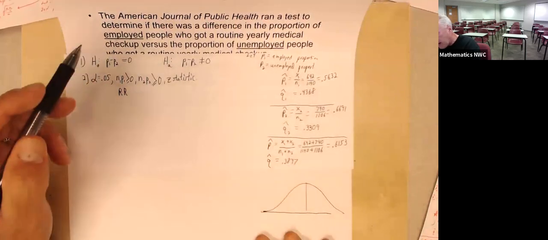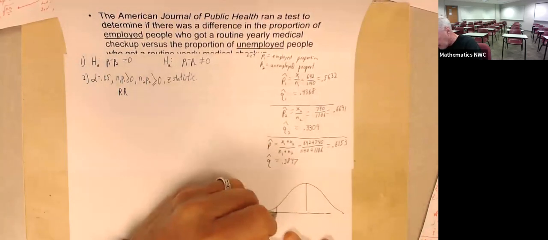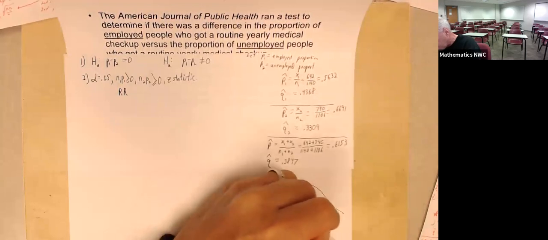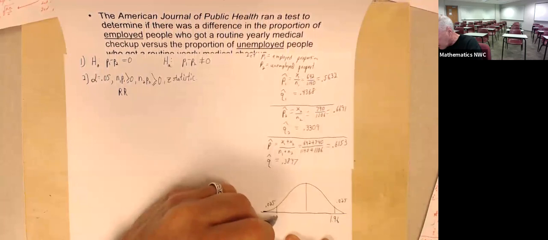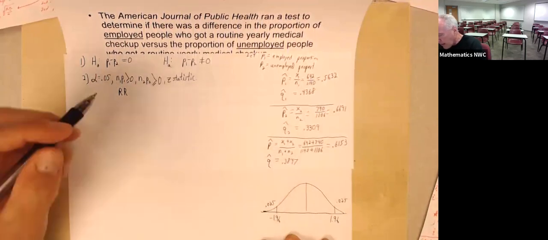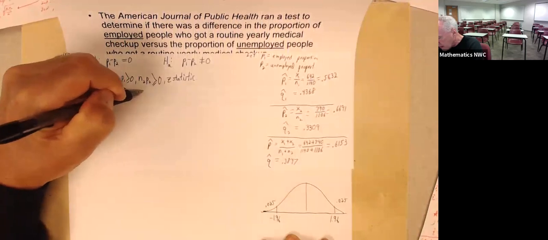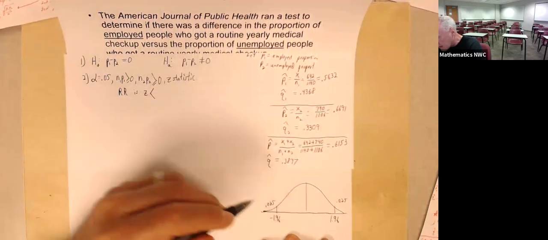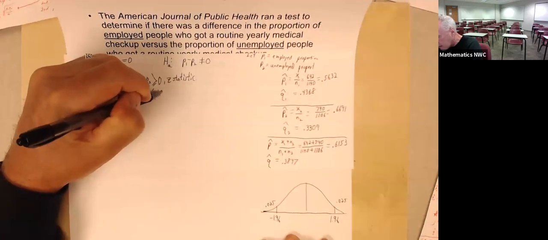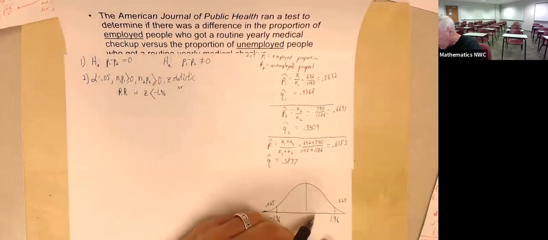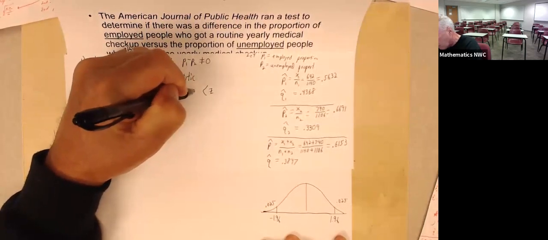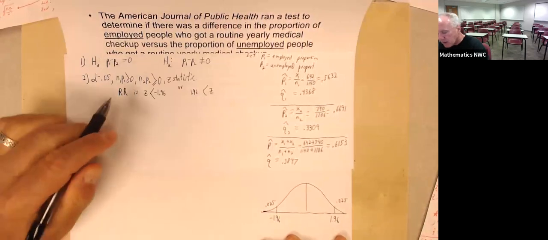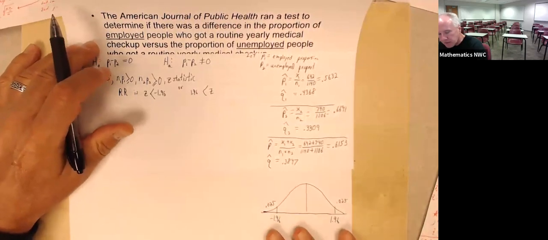I take that 5% alpha and I break it up into two tails. We get 1.96 from our chart, negative. If I go over that line, so one rejection region is going to be Z is less than this negative 1.96. The other one is if it goes over that line, Z would be greater than a positive 1.96. Those are my two rejection regions.